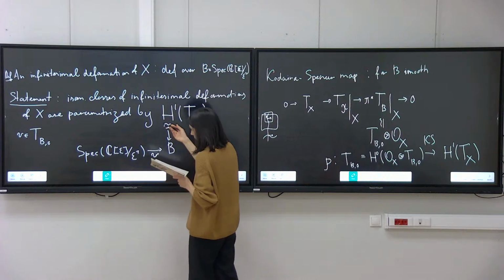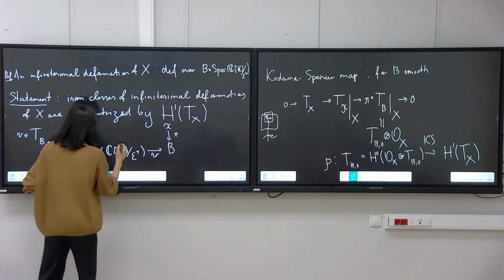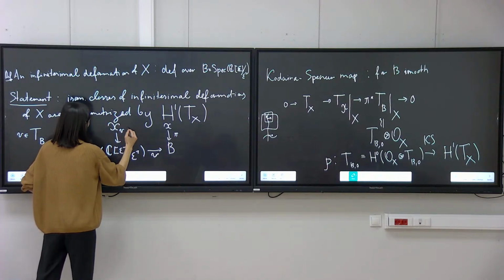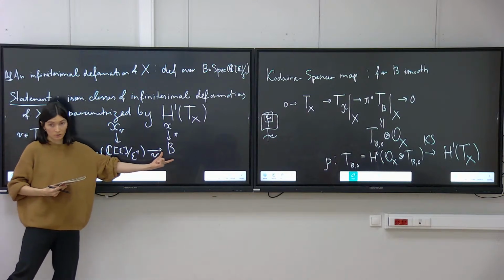And here we have our deformation pi, and we can take the pullback. What is the Zariski tangent space to a scheme?